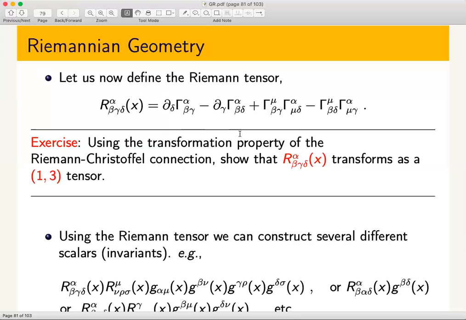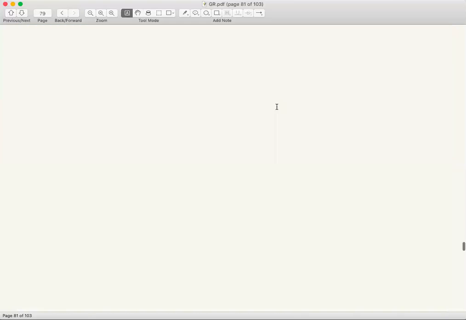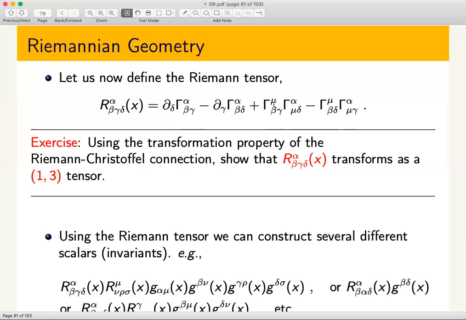There is nothing special about this piece. The quadratic piece in gamma also has the same property: if you replace gamma delta by delta gamma, you will get this expression, but with a relative sign between them. So the Riemann tensor is antisymmetric with respect to gamma and delta. That is one important property that we should keep in mind.